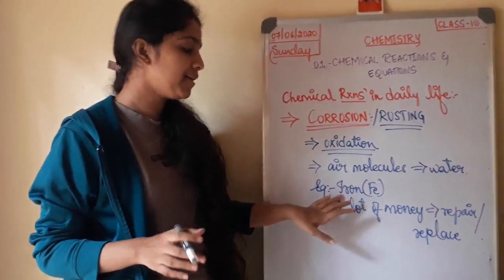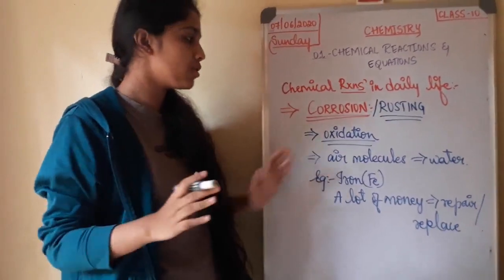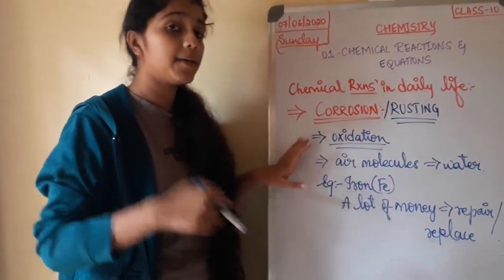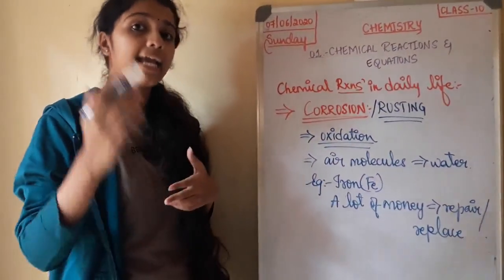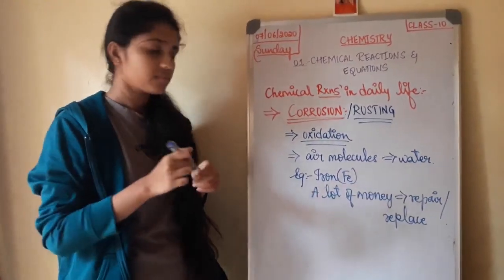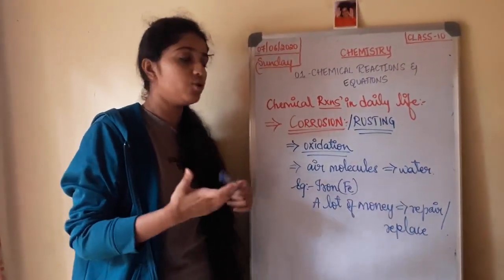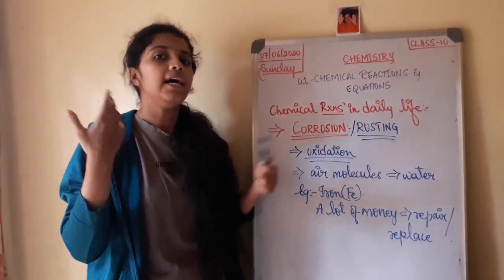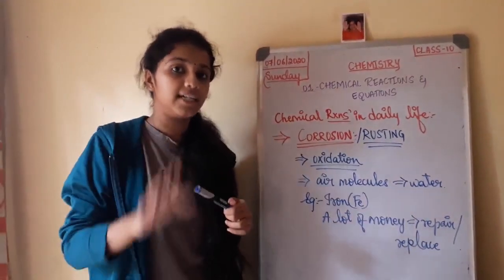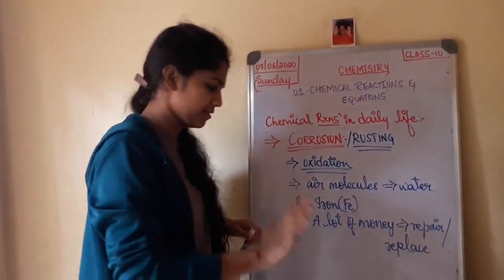Iron is the material which gets most rusted when it comes in contact with air and water. There are many methods which we use to prevent corrosion or rusting. That I will be telling you in your third chapter, metals and non-metals. But for now, this is enough.